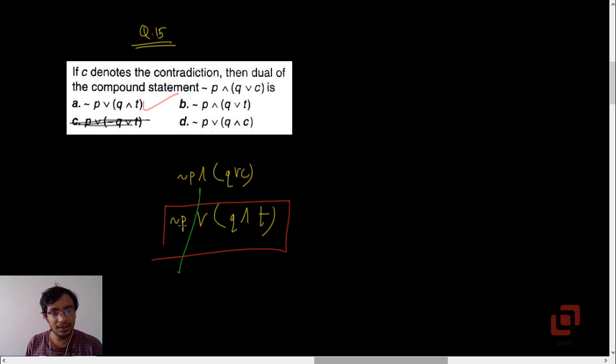Okay, it is negation P or the other one, so 'and' should be eliminated. Okay, and then it should not be Q and C. So that eliminates option D, and then whatever remains is the correct option. Okay, so that is option A.